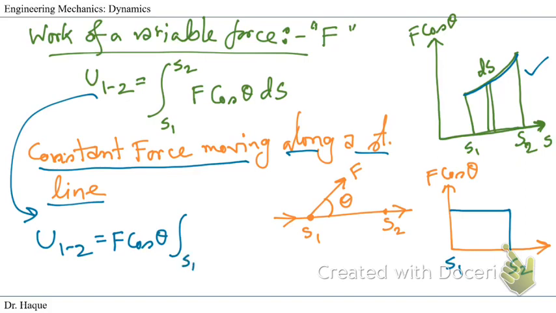We still have the integration from S1 to S2 of ds, and the integration of ds is just s, which gives F cos theta times (s2 minus s1), which we can call delta s.